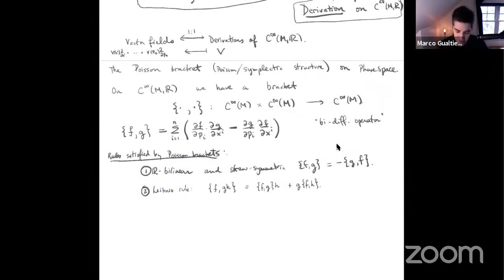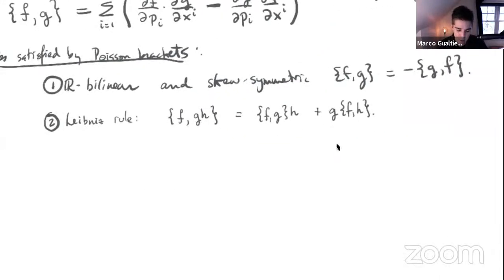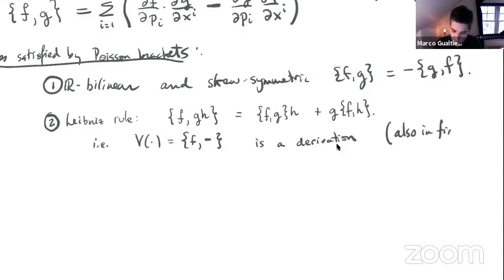I'll rephrase this: v given by {f, ·} is a derivation. And there's nothing special about the second argument because this thing is skew symmetric, so it will also be a derivation in the first argument, by using this skew symmetry law.